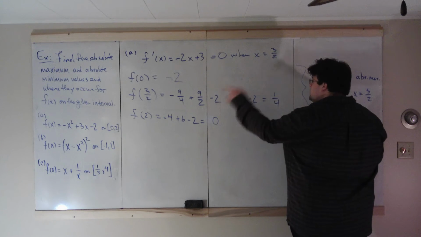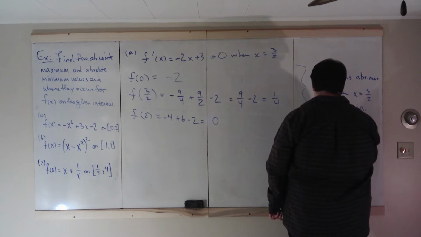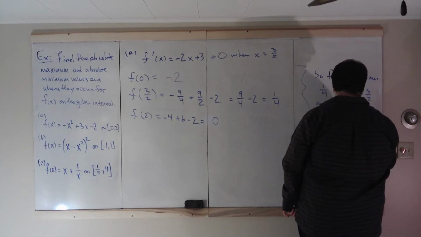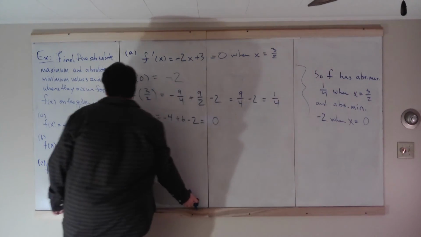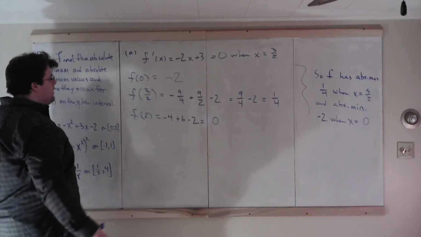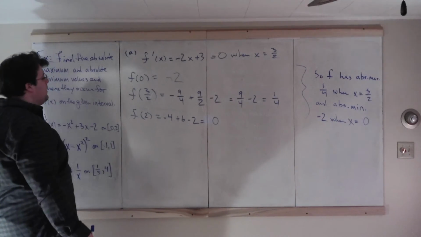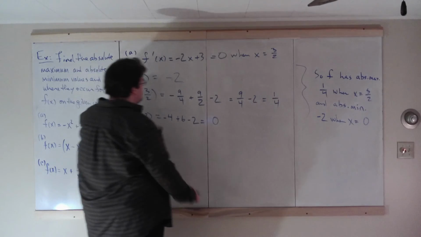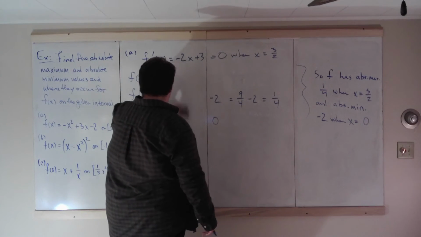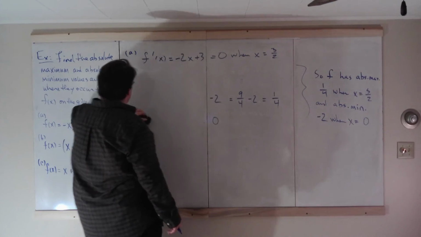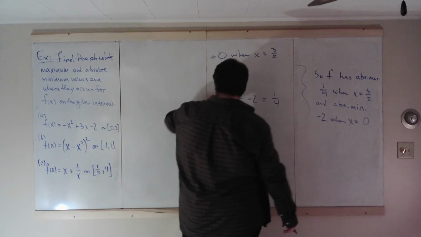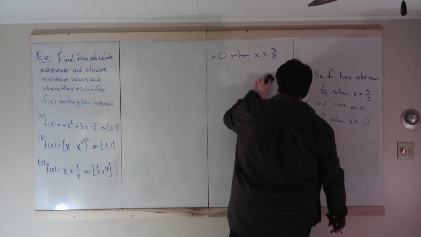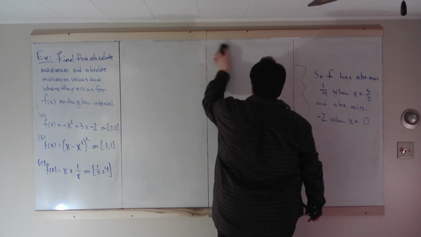The smallest, negative 2, when x equals 0. So we found our critical points, we found our endpoints, we compared the function, evaluated all of them. The largest is the maximum, the smallest is the minimum on this interval. Remember, we are just looking at a closed and bounded interval. Bounded meaning it doesn't go off to infinity.